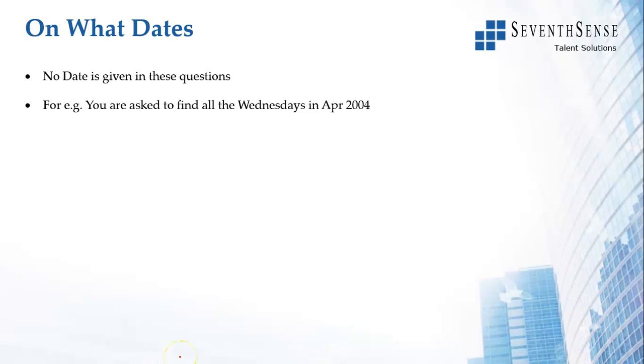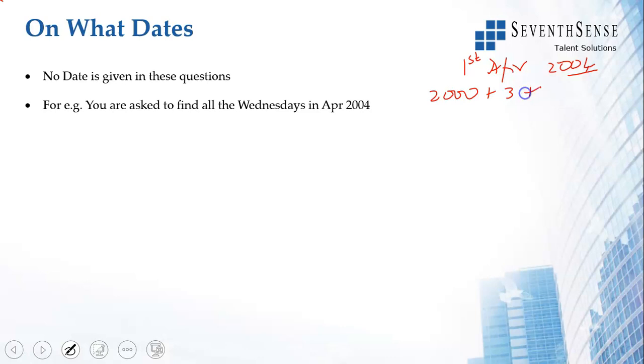First thing is you assume they are asking for 1st April. Let us search for 1st April of 2004. I'll tell you why once we solve. 1st April of 2004, I calculate it as 2000 plus 3 years, so it is leap, remember, plus 1st Jan to 1st April of this year. 2000 number of odd days is 0.